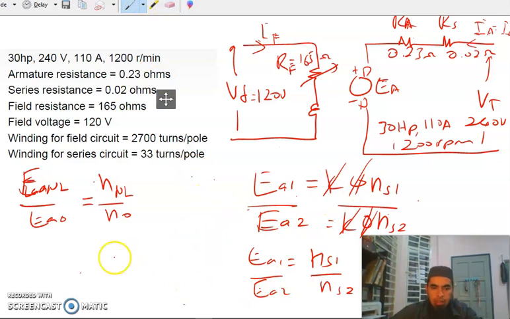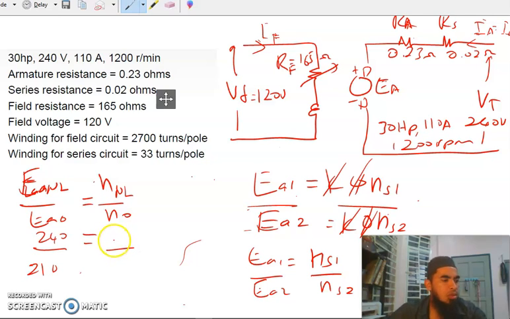So we have, just now, EA naught is equal to 210, meanwhile EA no load is equal to 240 volt, and N naught, it's mentioned here, 1200.